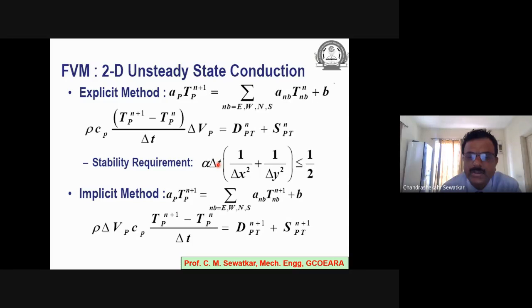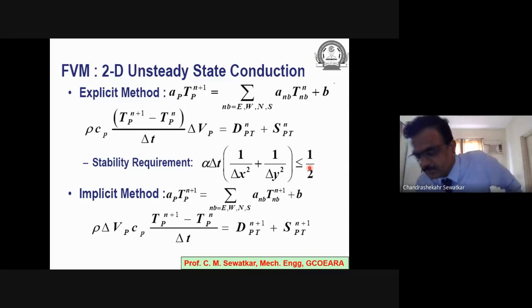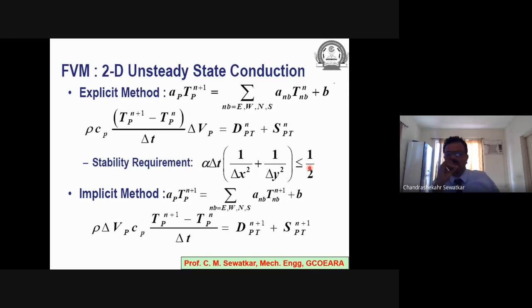So what I can do is change delta t. So if you are using this explicit method and want the solution at a large number of points, your delta x and delta y will be smaller, and in that case you will have to use a small delta t value. Otherwise, your solution may diverge. You may not obtain the converged solution. So this is called the explicit method.